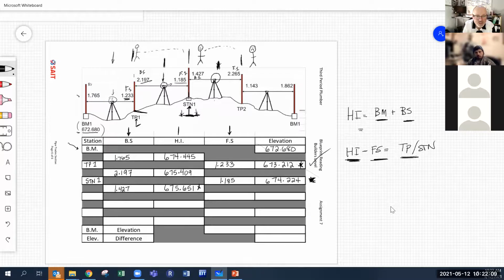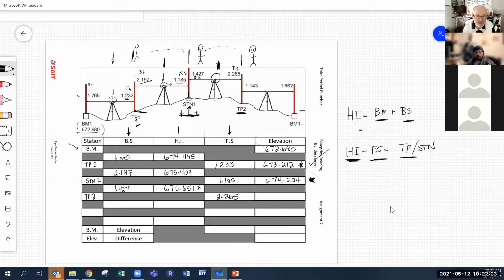So we'll take this shot of the foresight. On here, it tells me it is 2.265. And once we have the foresight, we can get the new elevation at this TP2, which we will call this TP2.